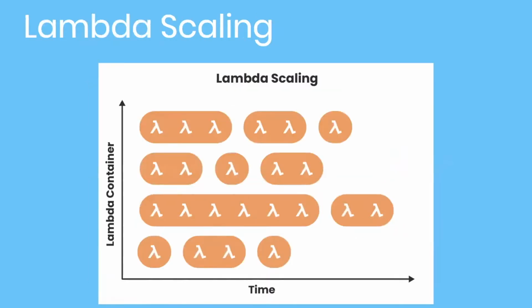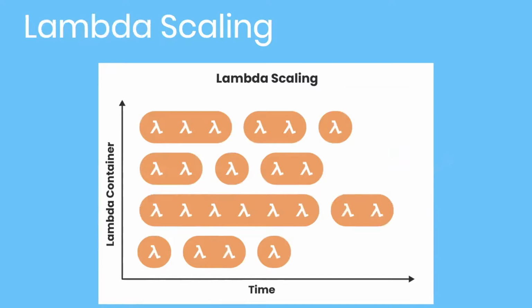So let's look at Lambda scaling. Okay, so with our bursty traffic and a large number of events being generated over a short period of time, chances are that the rate of incoming requests is going to be greater than the time it takes for that first container to complete execution of your function. So in that case, the container is still in the middle of executing when the new invocation comes in.